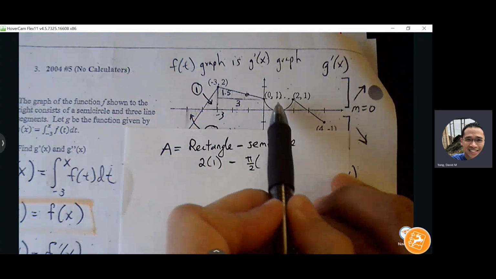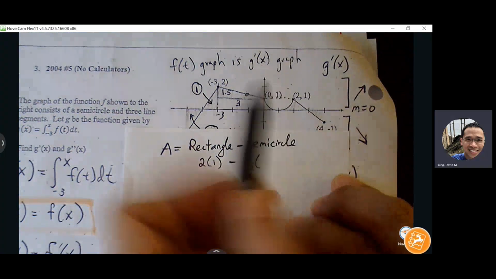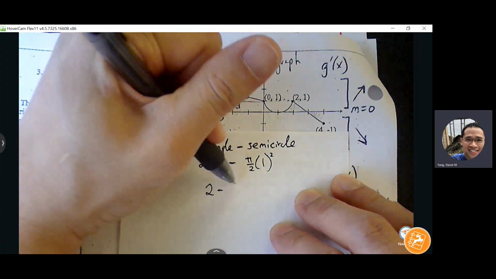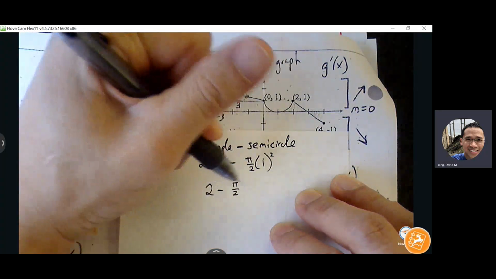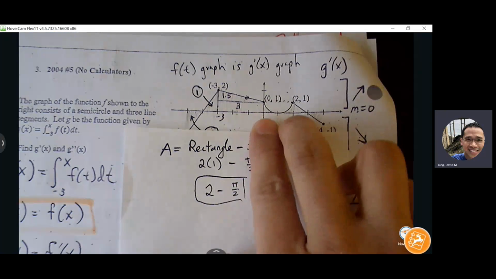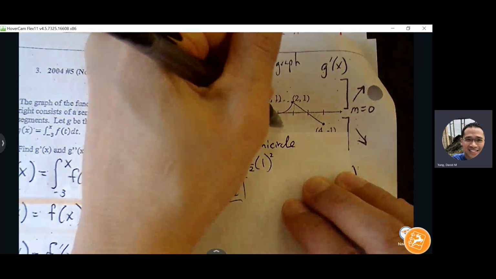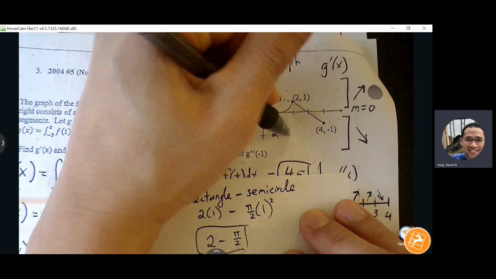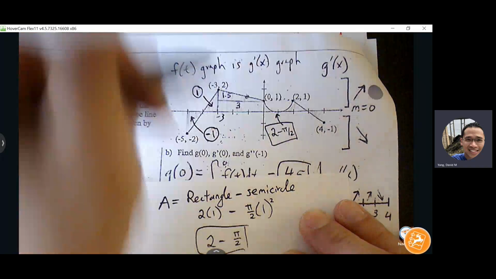What's the radius of the semicircle? 1. So 2 minus pi over 2. Now it's all sitting above the x-axis, so we can just leave it in this form, but we just know that that region is going to be just 2 minus pi over 2. It looks messy, but we just have to leave it in that form.